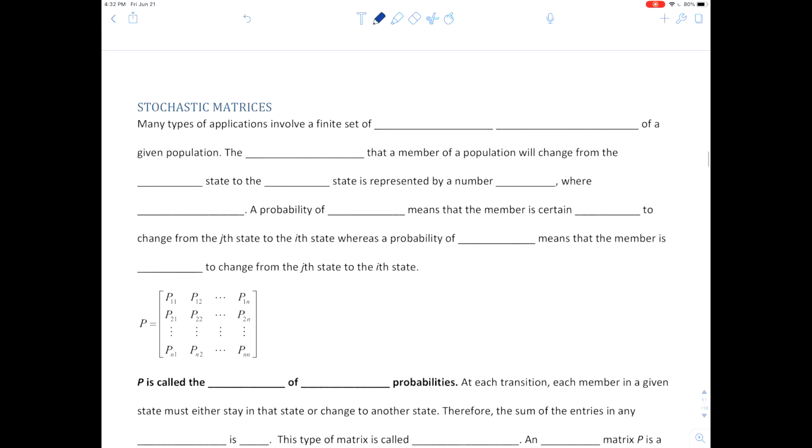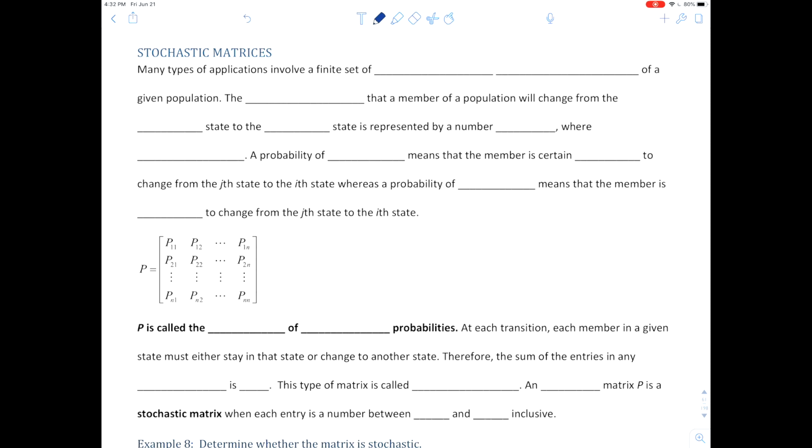Okay, so now let's go to stochastic matrices, very relevant in the real world. So many types of applications involve a finite set of states. And so this set of states, we call them S1 for state 1, S2 for state 2, etc., down to state N, so Sn, of a given population.